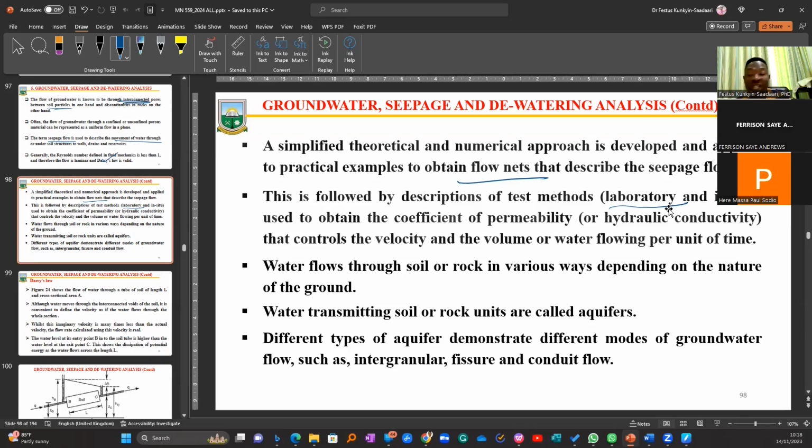Then, water-transmitting soil or rock units are called aquifers. An aquifer is a rock unit able to store water and allow the flow of water through it. We have confined and unconfined aquifers. An aquifer is said to be confined when the rock containing the water is enclosed, such that water can't escape through any other medium.